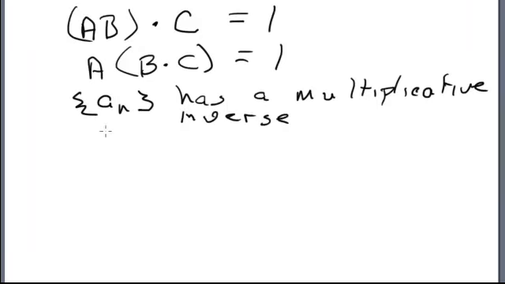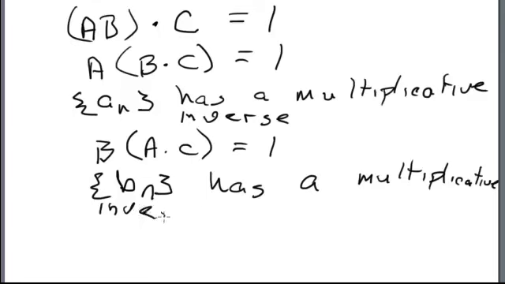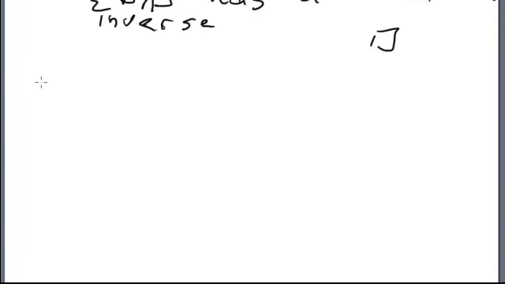We're going to do the same thing with commutativity: B times (A times C) is equal to 1, and so therefore b_n has a multiplicative inverse. And that's all we had to do for that proof. We're done.